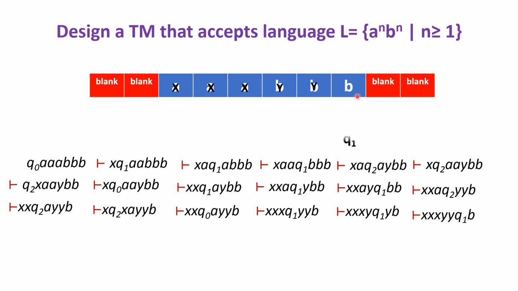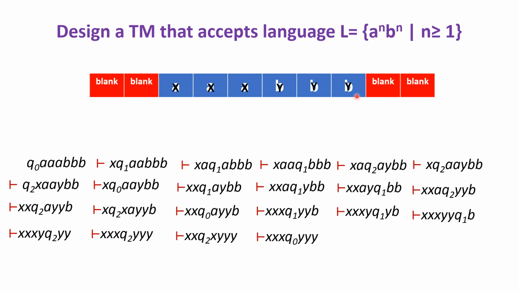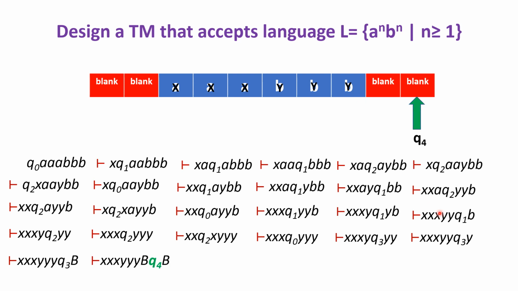So these are the intermediate instantaneous descriptions, and finally once all the A's are replaced as X and B's by Y, it will go on moving towards the right, and finally it reaches the final state Q4, and the tape symbols are X, X, X, Y, Y, Y. Q4 is the final state, hence the string AAABBB is accepted by this Turing machine.